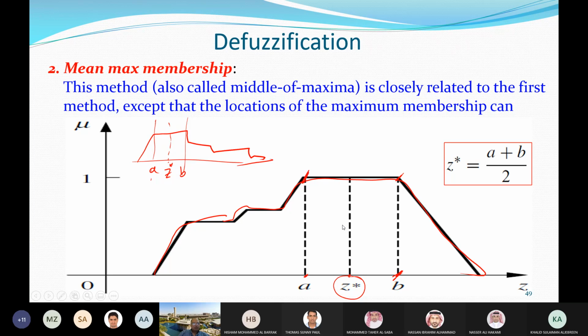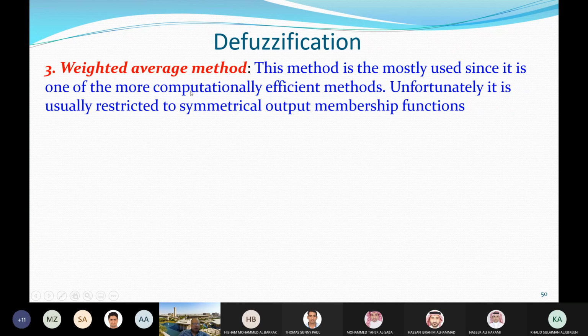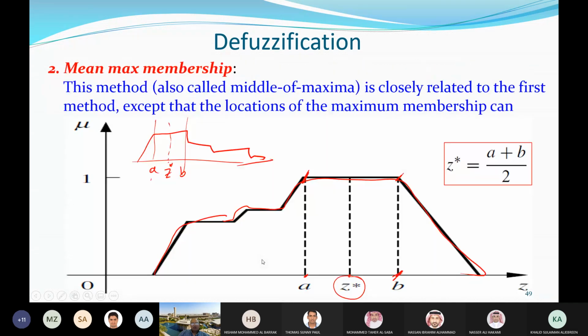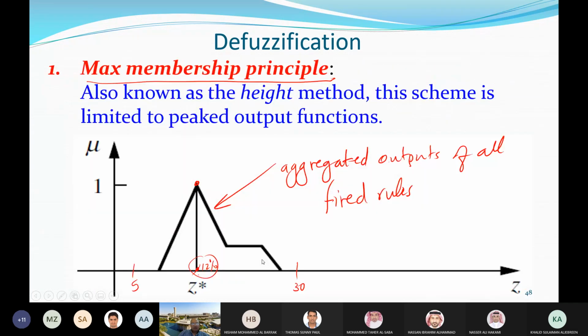The third defuzzification method is the weighted average. The weighted average method is mostly used since it is one of the more computationally efficient. Of course, you can see that the previous way is not the optimal way to calculate it. You are biased here somehow toward the maximum.